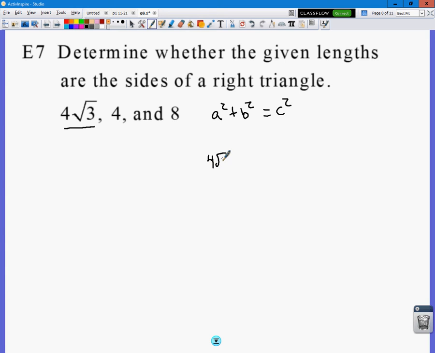4 square roots of 3 squared plus 4 squared equals 8 squared.